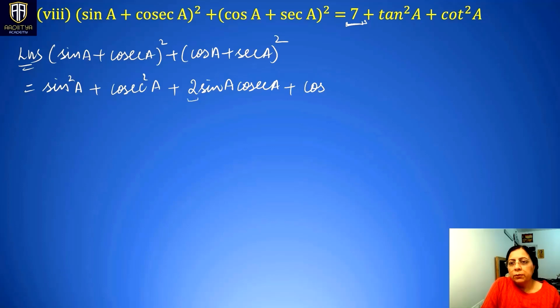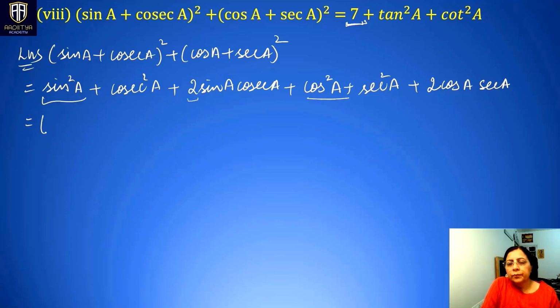At this time, you should be able to do these questions already. Like cos square A, this is A square plus B square is secant square A plus 2AB, 2 cos A sec A. So now what we can do? Club these two terms: sine square A plus cos square A. Then we have cosec square A, but cosec square A is not required in the right hand side.